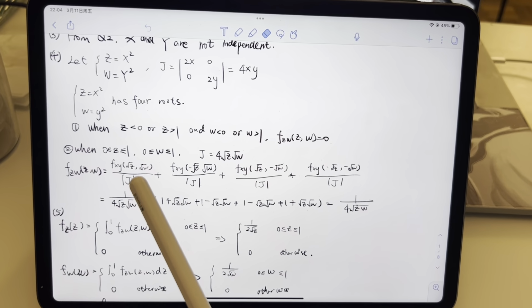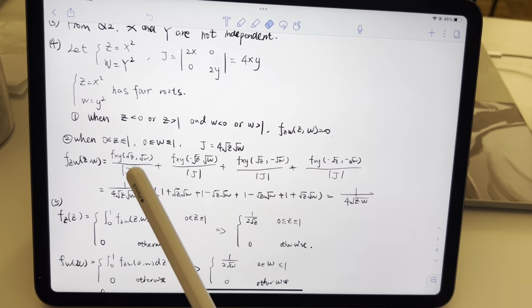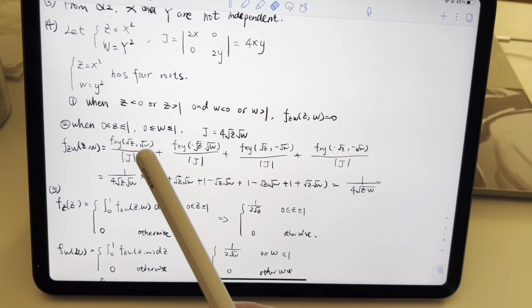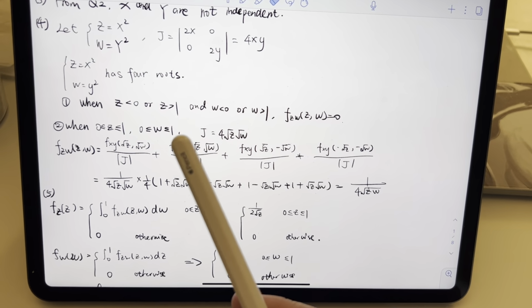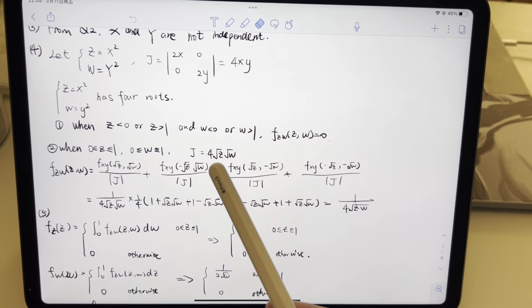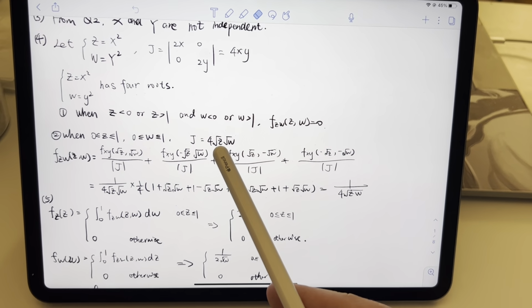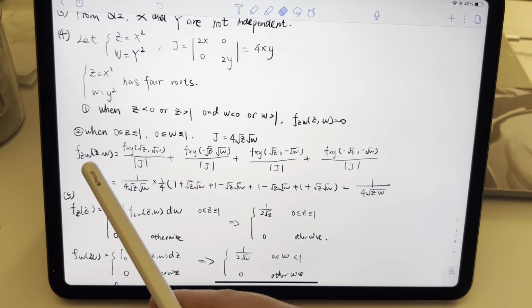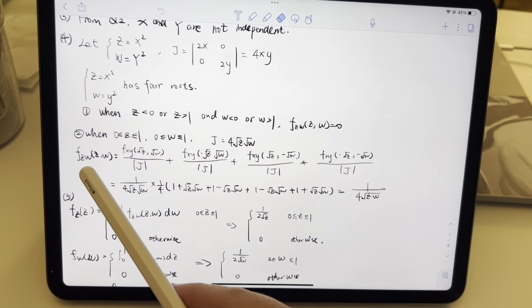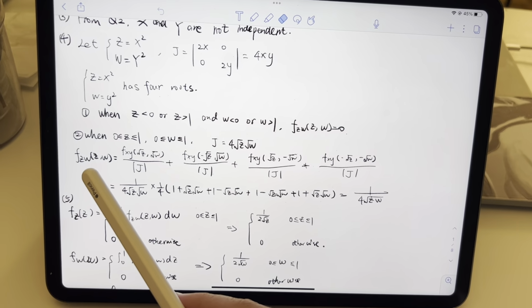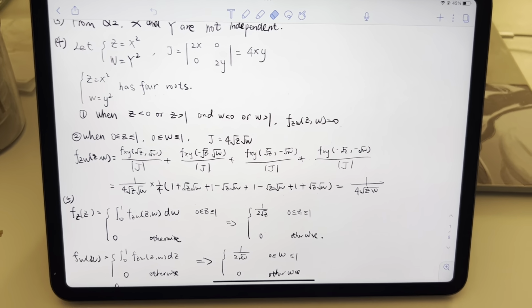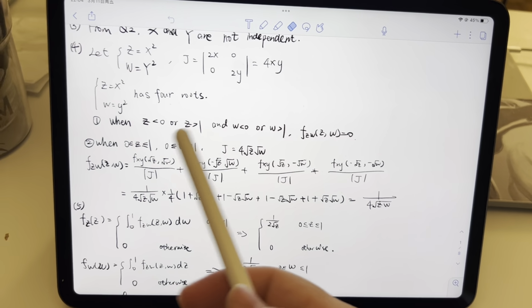Then when z is larger than 0 and less than 1, and omega is larger than 0 and less than 1, we get the Jacobian matrix equal to this, and then we use the equation to solve the joint density function of f_ZW.